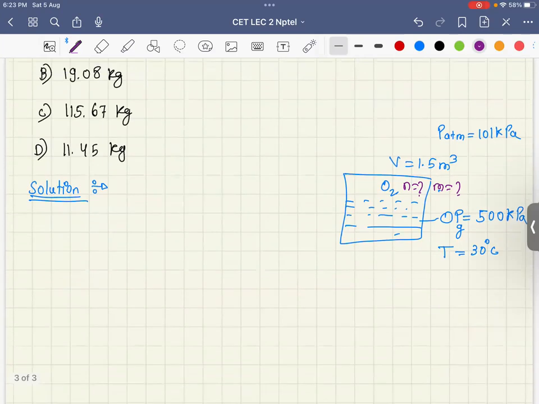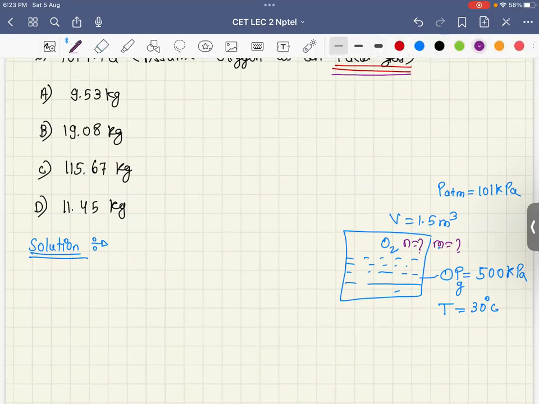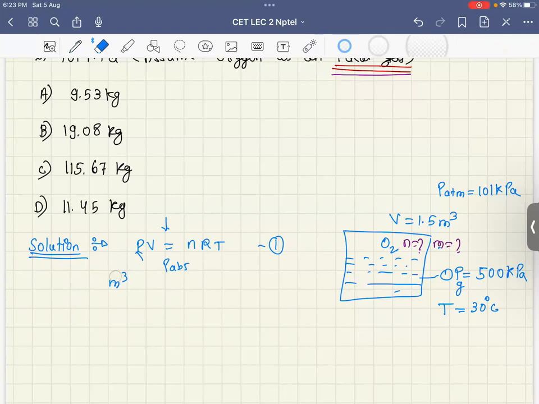So the first thing which pops up in our mind whenever we say ideal gas is the ideal gas equation. Just PV equals nRT, right? So this is equation number one. We are already given V as 1.5 meter cube. But in this expression, the pressure which we want is P absolute, right? What is the relationship between absolute pressure and gauge pressure?